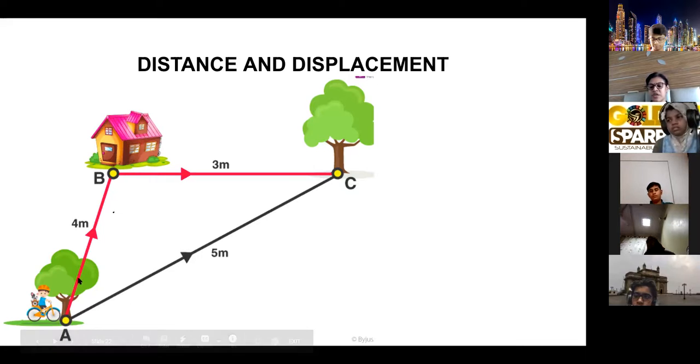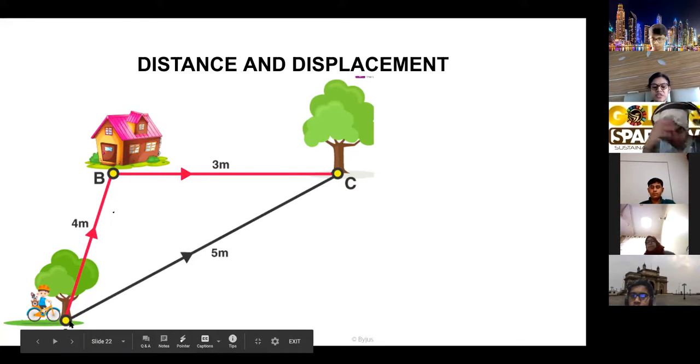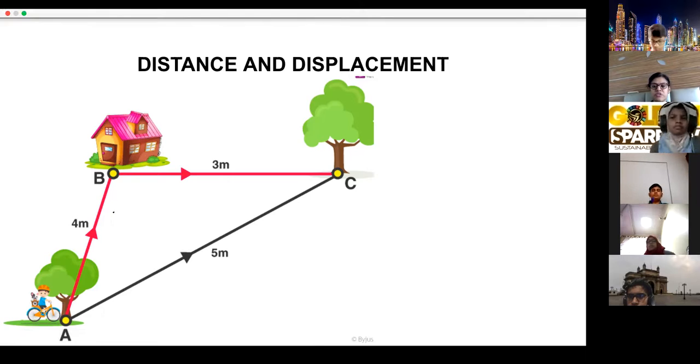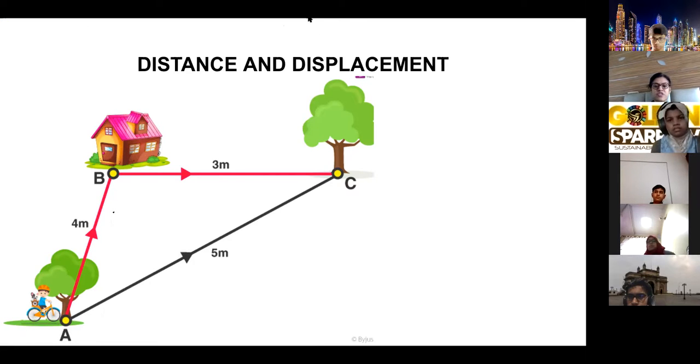And displacement is the shortest distance, the shortcut route, between the initial and the final position. So that is your displacement. This is the main difference between distance and displacement.